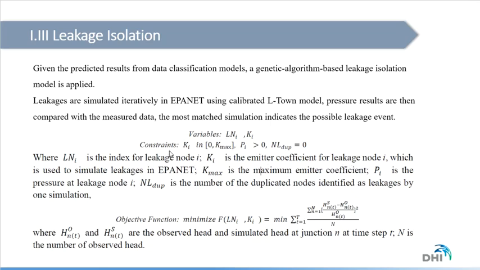It is also constrained by a maximum emitter coefficient, pressure at the nodes should be non-negative, and there should be only one leakage at one node at a time. The objective function is to minimize the difference between the observed head and the simulated head at all junctions and all time steps.